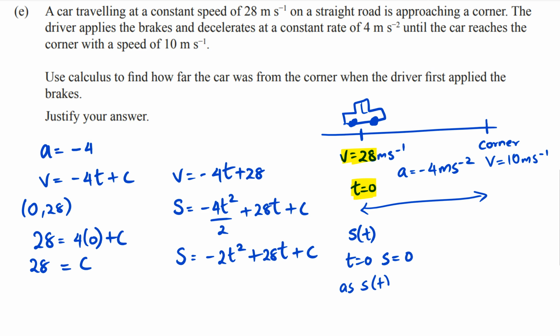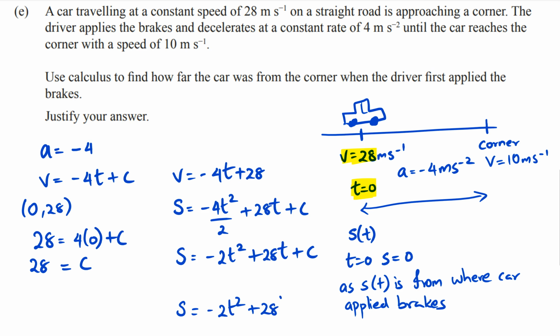I'm going to write that down: s of t is from where the car applied brakes. So if that's the case, then s is equal to -2t squared plus 28t.